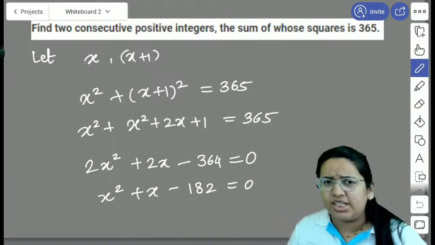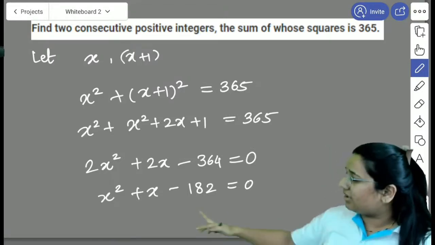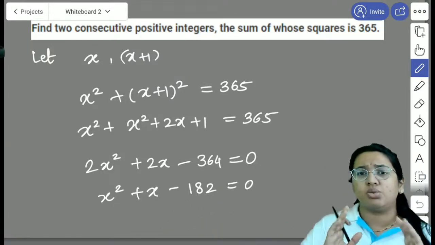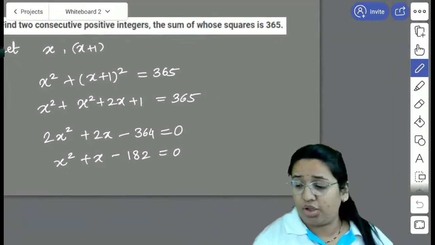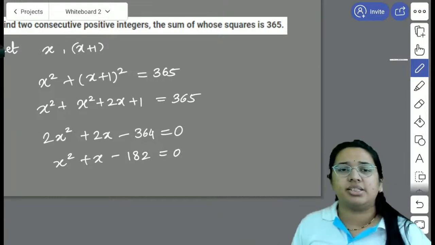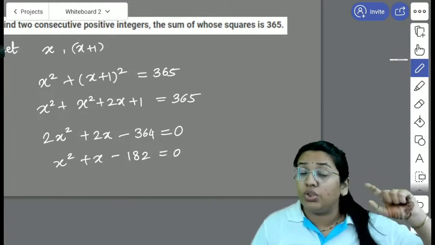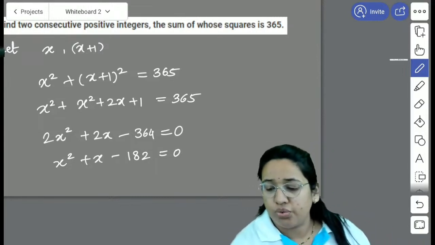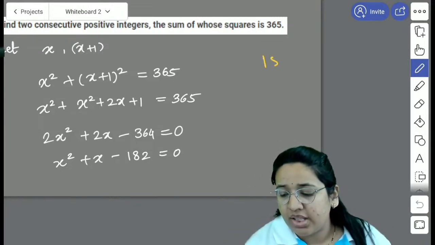Now the question is that I can see A and B as 1 and 1, but C is equal to minus 182. What is the easiest way to find such types of factors? Because if you go for the formula method, it will be the negative one, right? So what we have to consider here is 182.